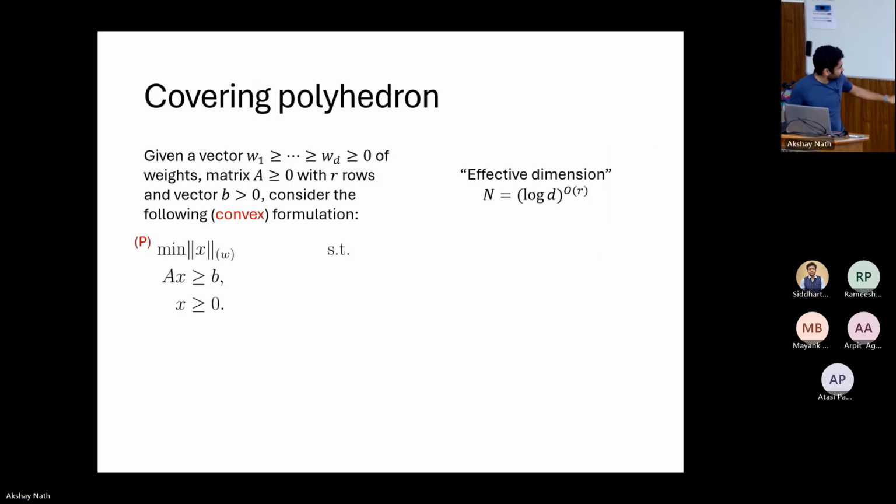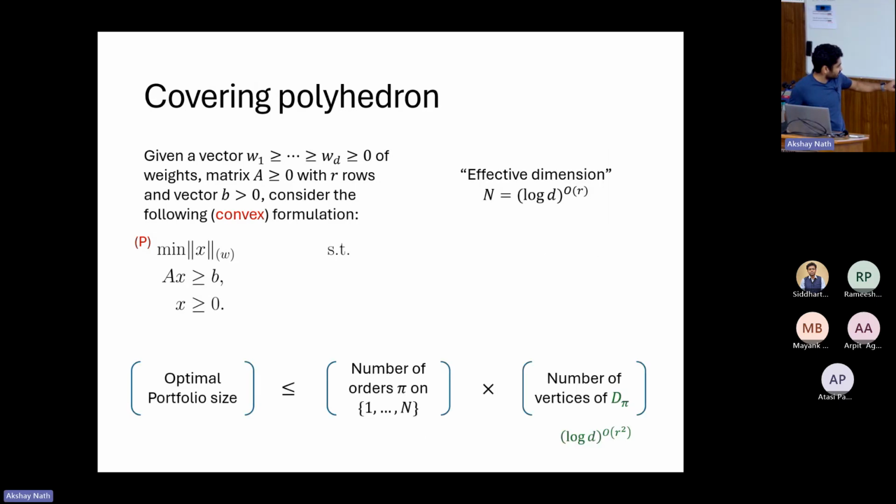So here's the effective dimension, and let me say that again. The number of vertices is nice because that's polylog in d for a constant r, but the number of orders is still an N factorial, which is actually a polynomial in d to the r. So even if your r is constant, you're still at a polynomial number of vertices, polynomial number of orders.